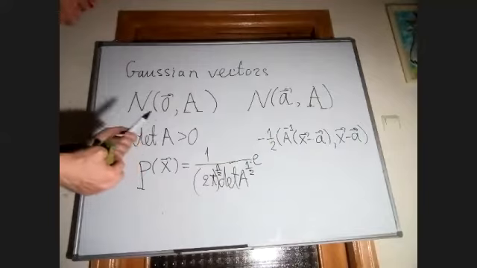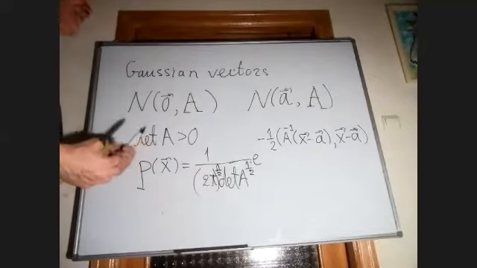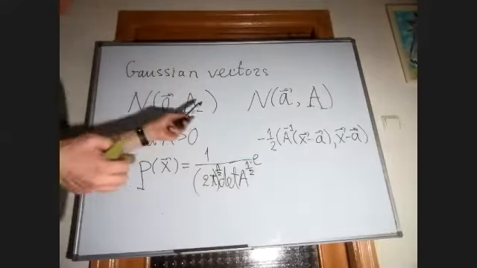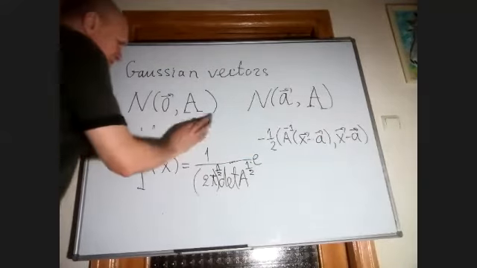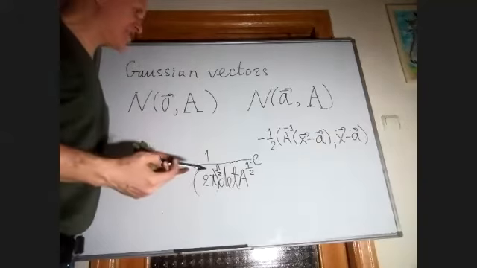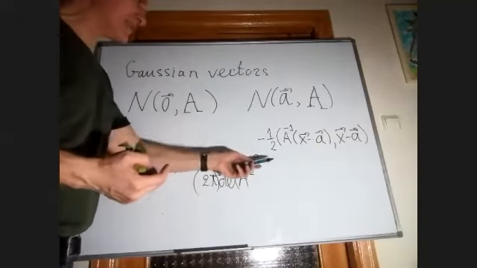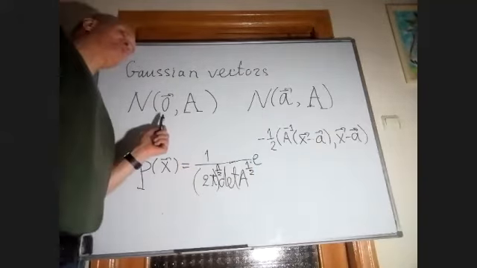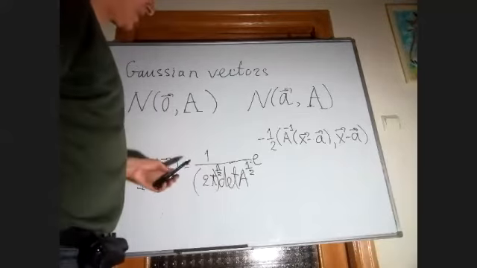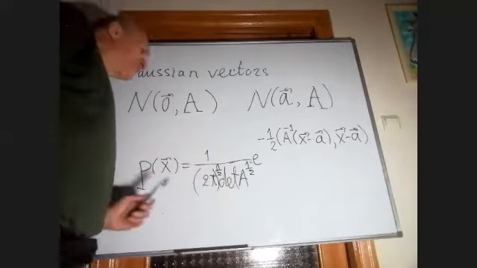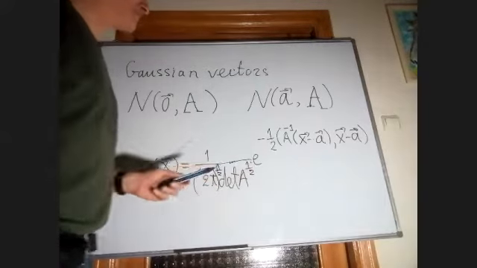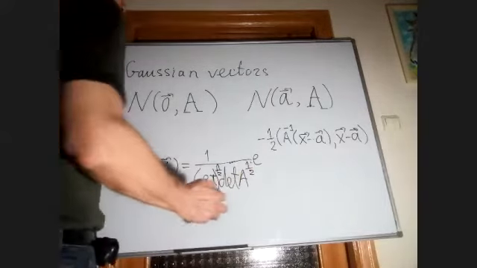And even one can define a density of this distribution with respect to this distribution. Let me write it. In order to get this density, I just must divide this expression by the same expression for the first vector. This constant will be cancelled, and here what will remain?